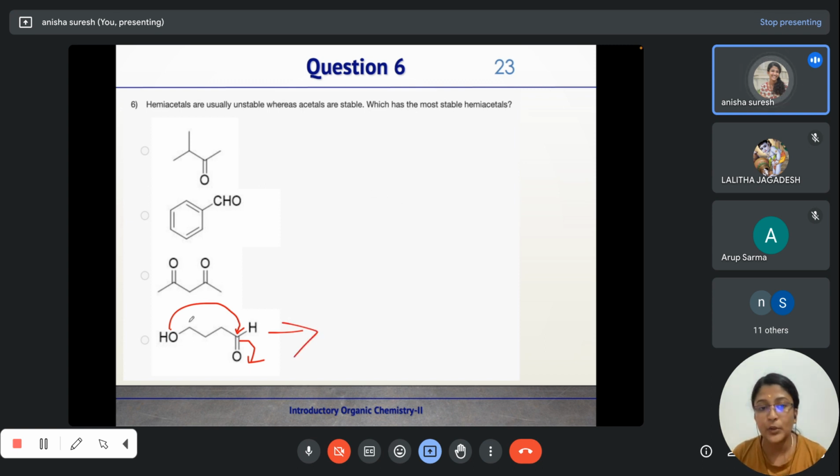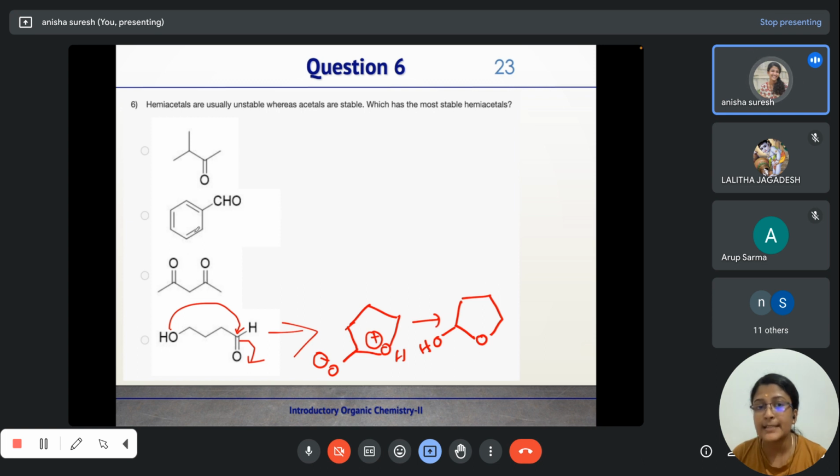So here 1, 2, 3, 4, 5. O minus, here OH plus. Now it will result in proton transfer and OH. So this is a cyclic hemiacetal.